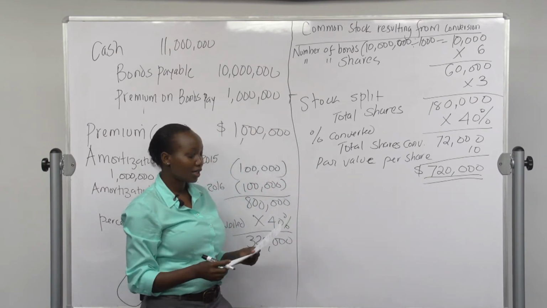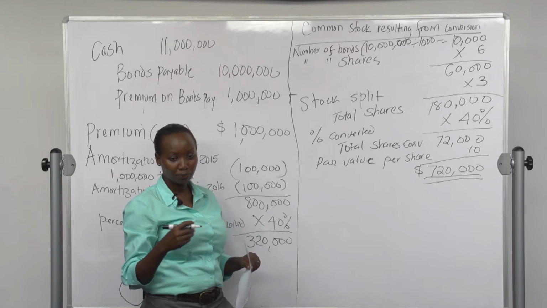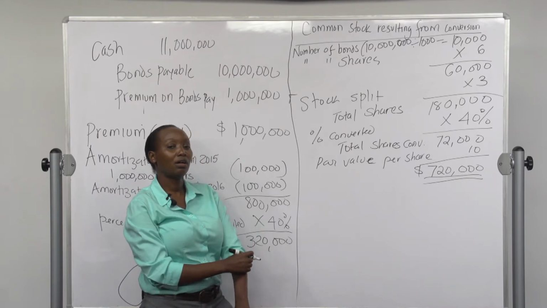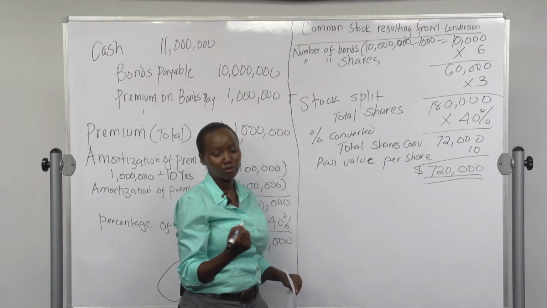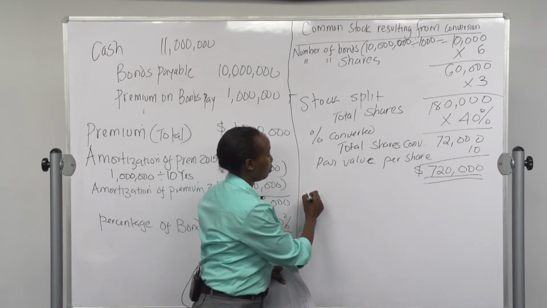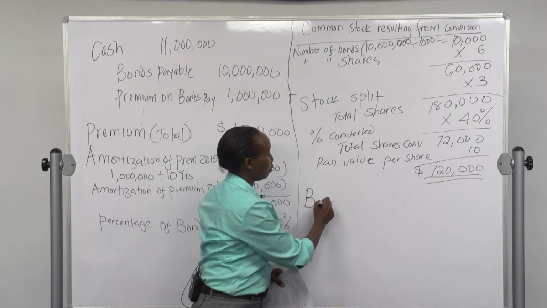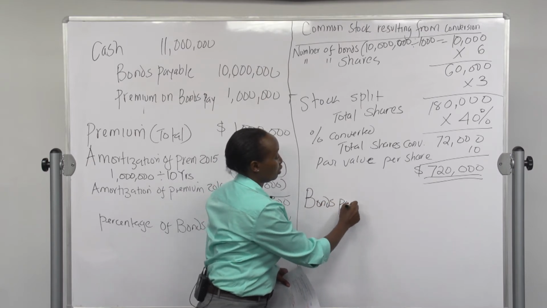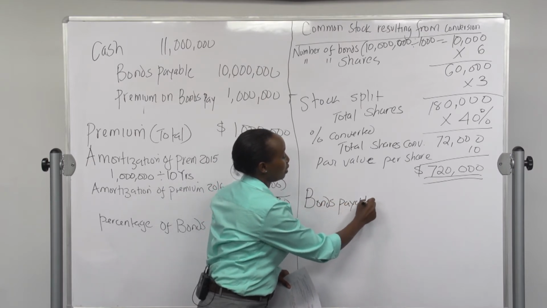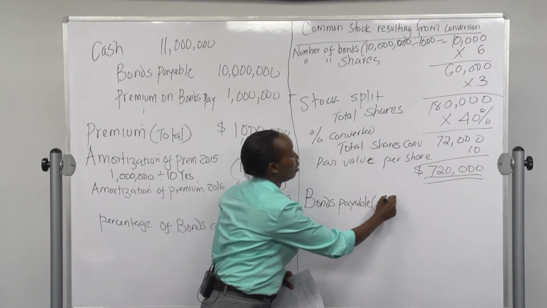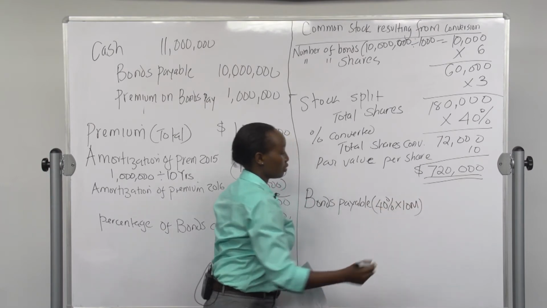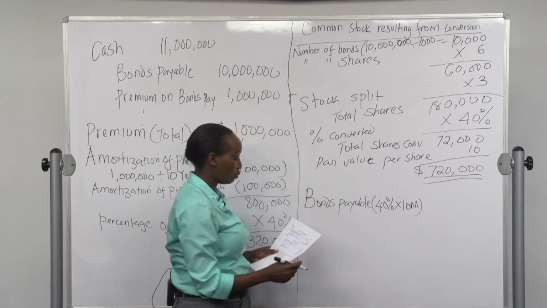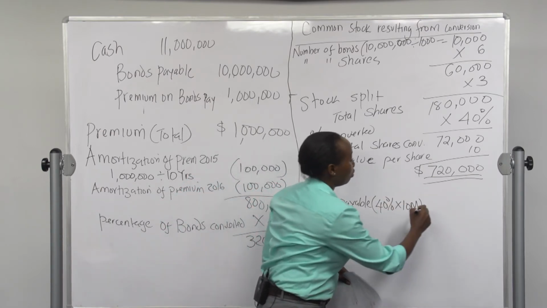For the bonds that are converted, we end up with 40% of the face value of the bonds. So we're going to remove the bonds from our books by posting a debit to it. So bonds payable: this is 40% of 10 million, so for our debit to bonds payable, we have $4 million.